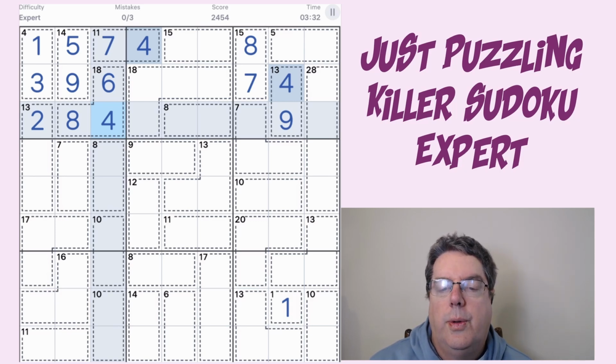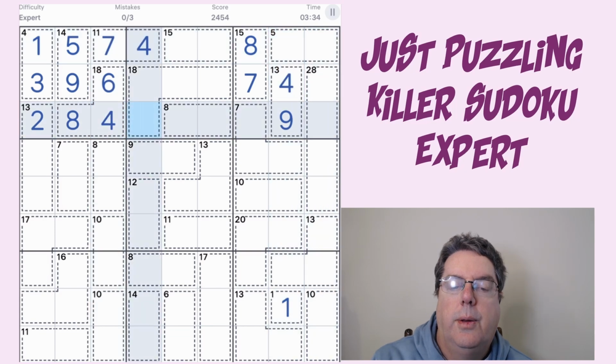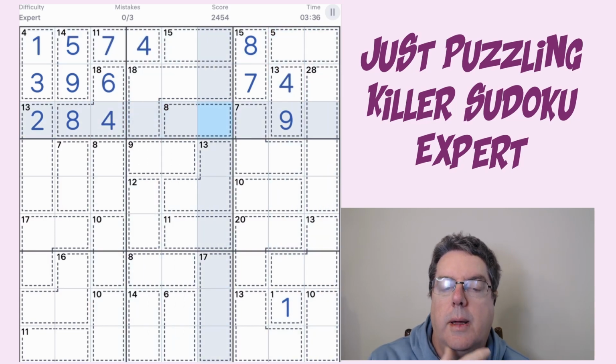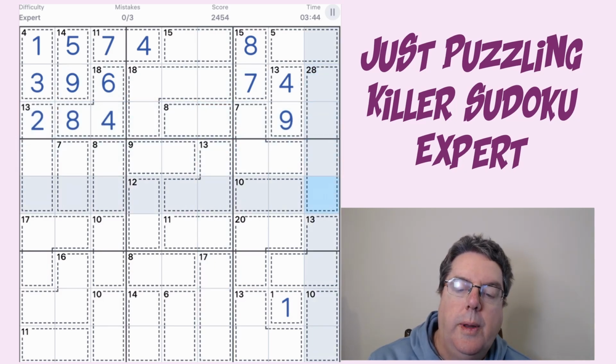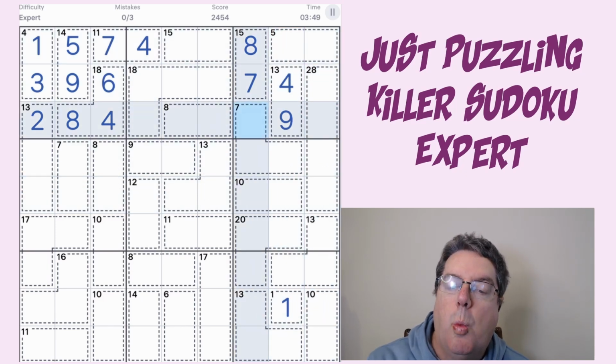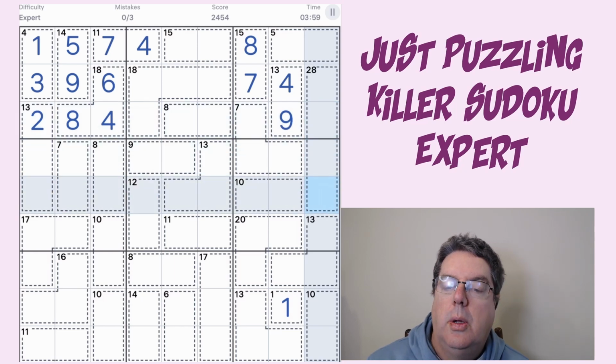Still got 2 and 3 here. 3 can be there, there or there. So I'm just going to explain something. We know that's 2 and 3, so we need to have a 1 somewhere. Right, 28, if I add up the biggest 3 numbers, which is 9, 7 and 8, that comes to 24.